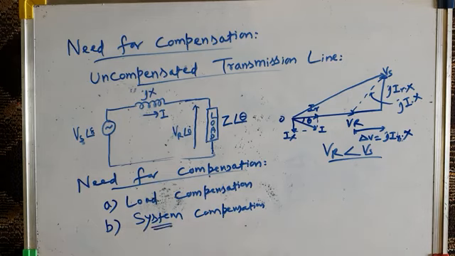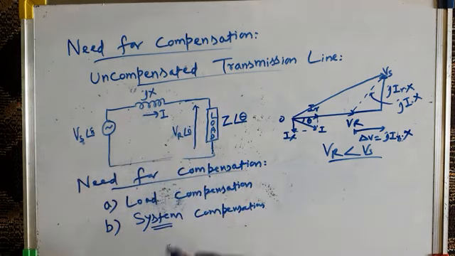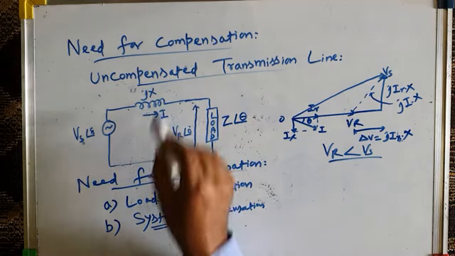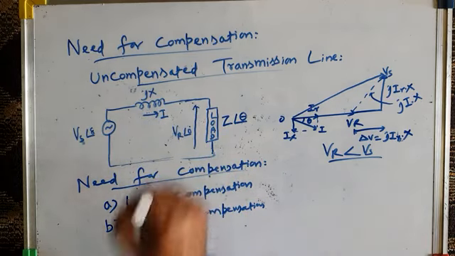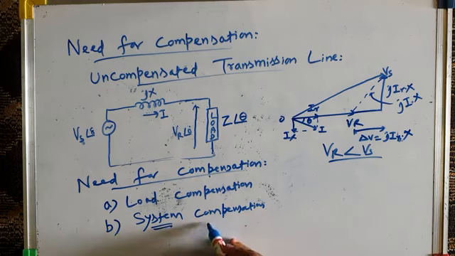In system compensation, you connect a series FACTS controller or a shunt compensator, either a series compensator or a shunt compensator, across the transmission line, maybe in the middle or anywhere along the length of the transmission line, for compensating the transmission line. That is what is done in FACTS. In FACTS, we go for system compensation. We don't go for load compensation.